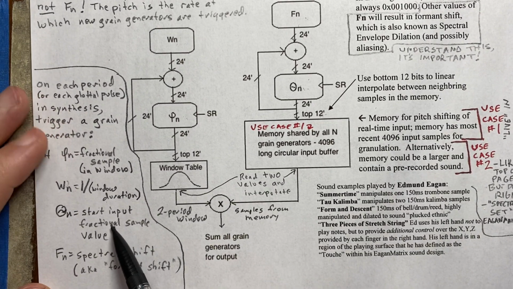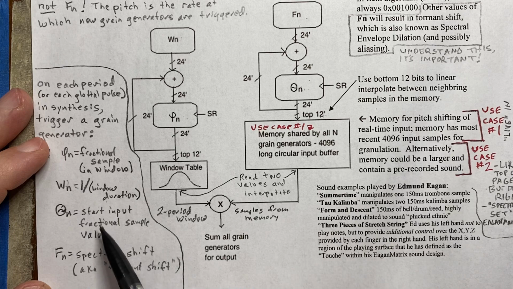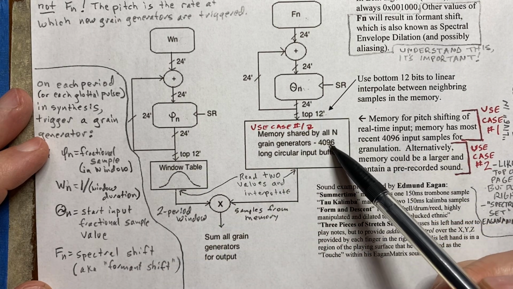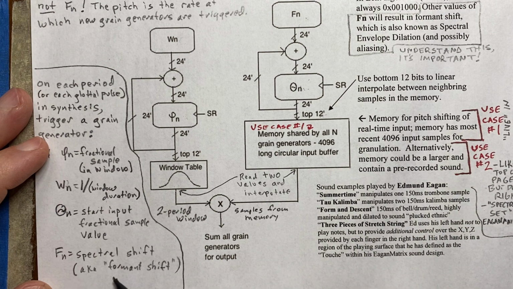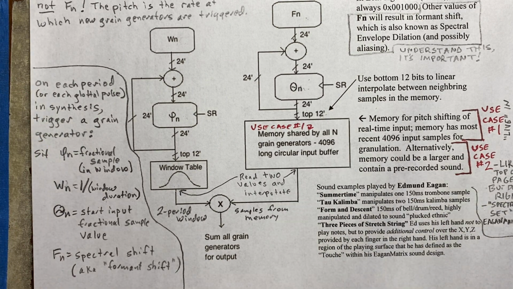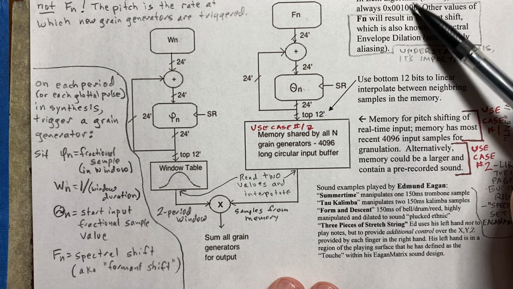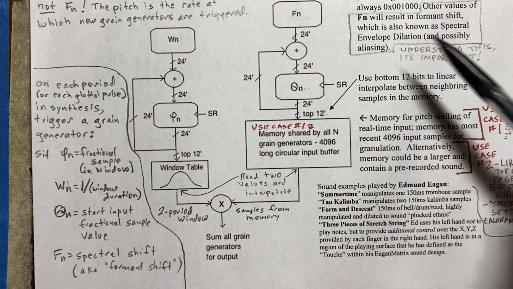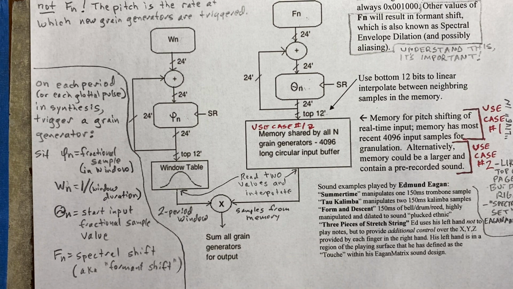When you trigger one of these grains, besides setting these 2 things, you also have to set here, where do you start in the recorded data? And then it's a spectral shift. How fast are you stepping through it? Normally, just this hex value, 001, 0000. But if you want to do formant shifting, you use a slightly different value.